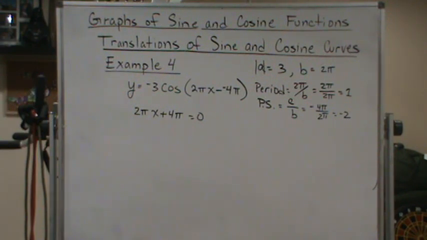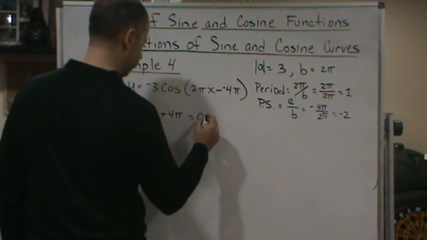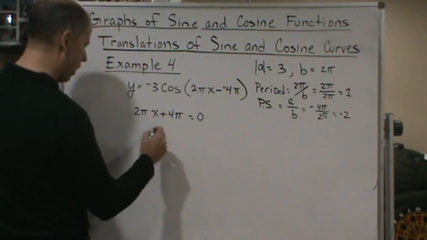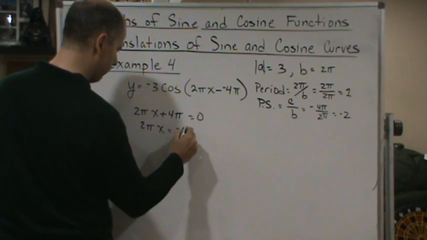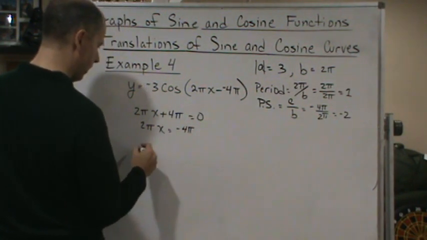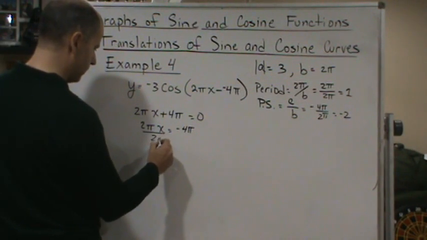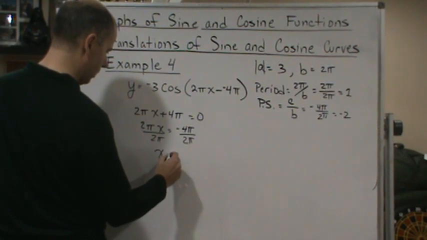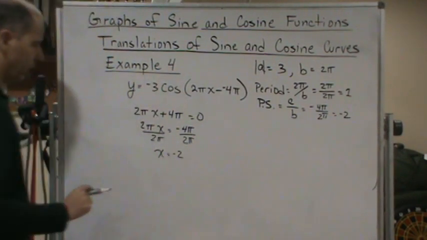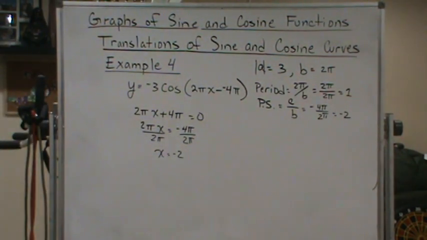So the phase shift says it's moving negative 2. But let's solve this anyway, see what we get. So if we solve, we get 2 pi x equals negative 4 pi. And then we divide both sides by 2 pi. And look at that, we get the same thing. So x is going to start at negative 2.